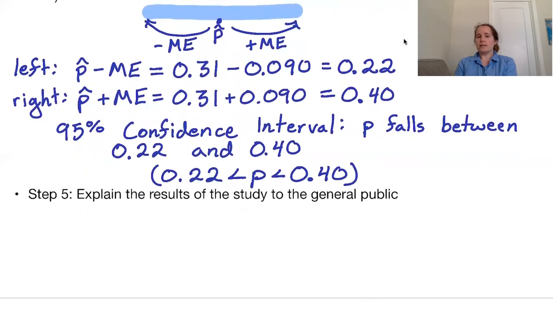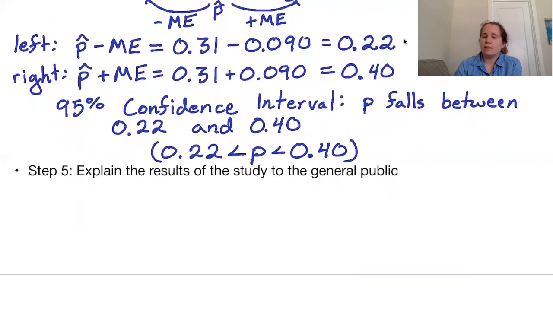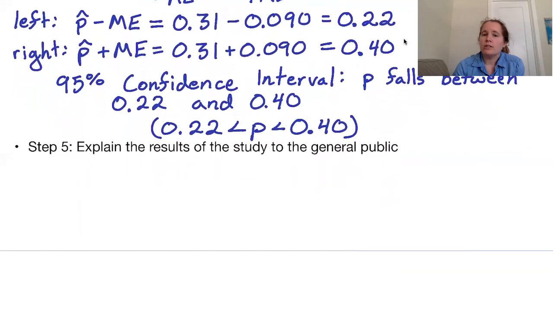Finally, our job is to explain the results of the study to the general public. We have a generic statement that we use, which basically incorporates the P falling between these values, just putting it in words. What does P stand for in this problem?